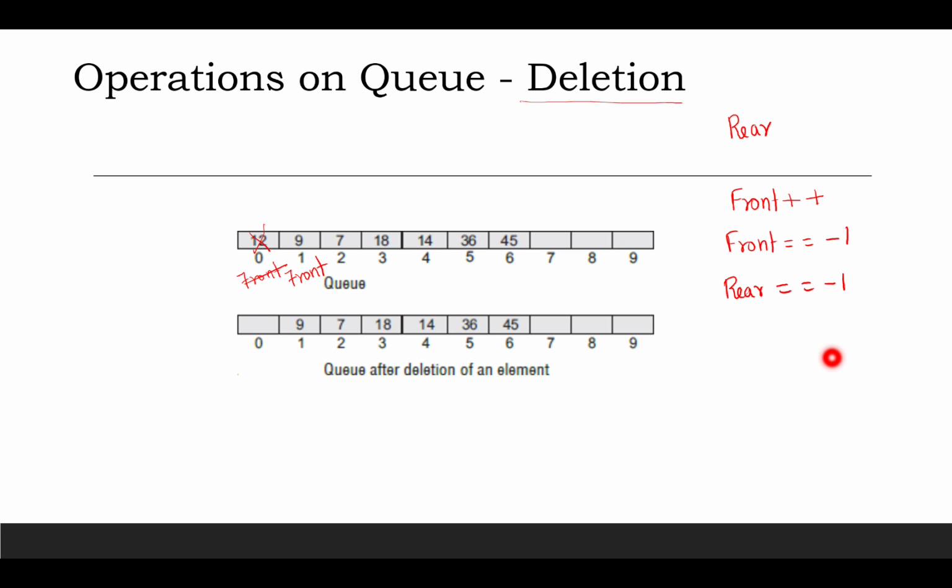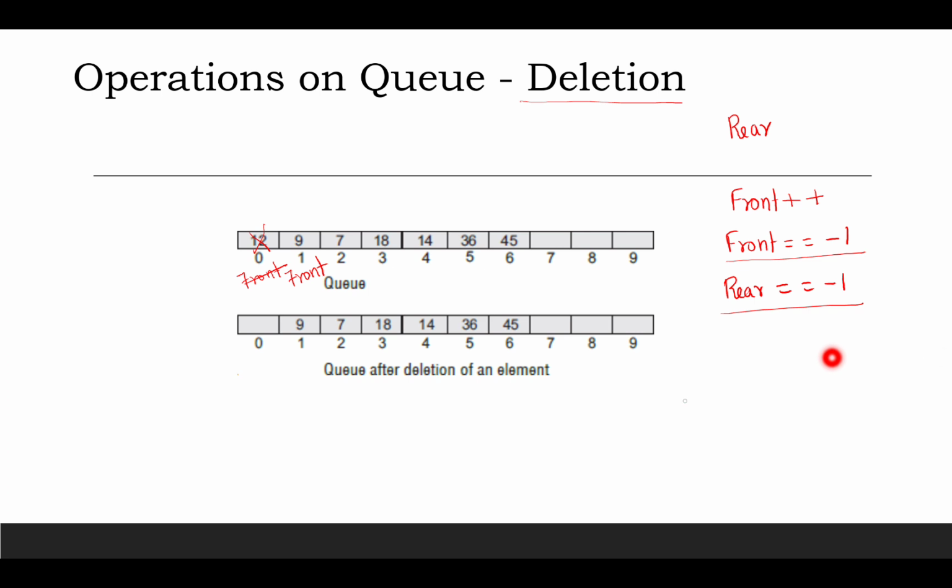It is to check whether the queue is empty. When the queue is empty, the front value and rear value are -1. If you are going to do the deletion, some data should be there. So if it is -1, the particular queue is empty.